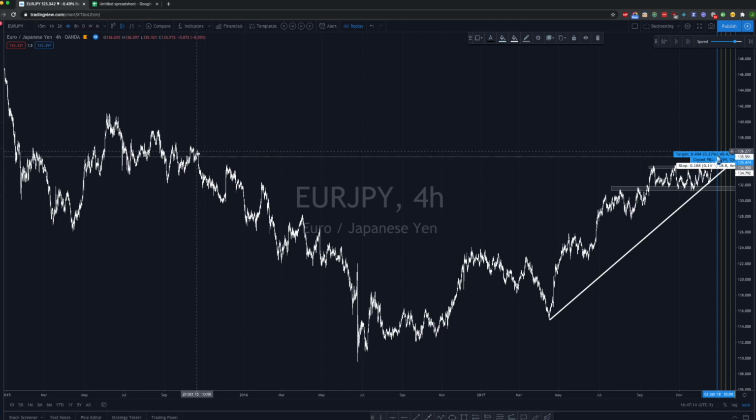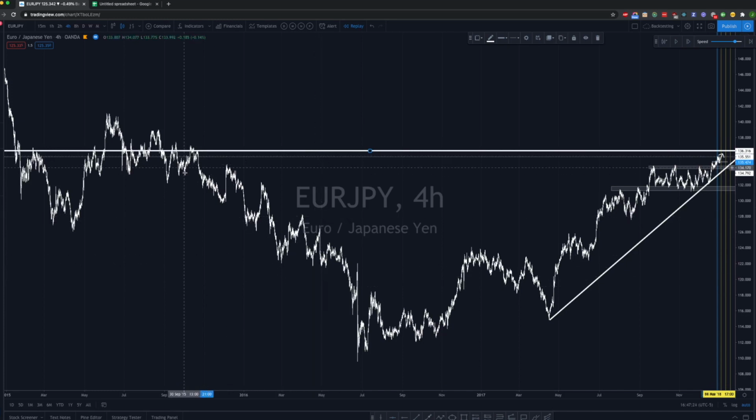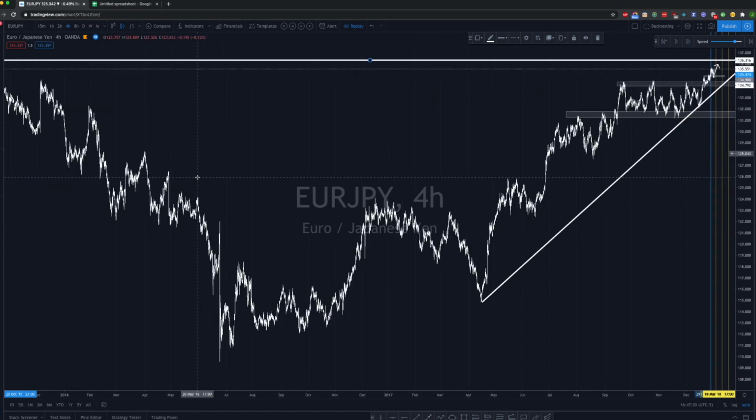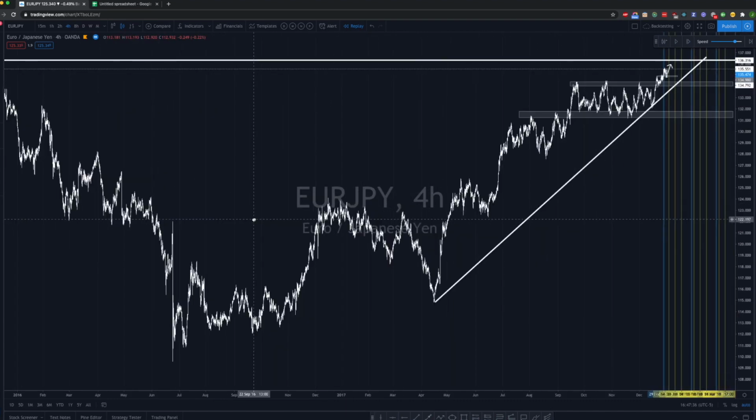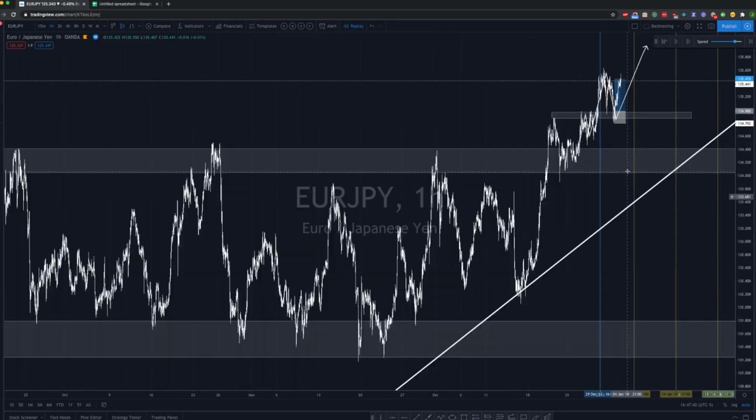So I'll probably identify that as my final take profit. Because I figure if price gets there, we might see some sort of major reaction, because you can see here, price tried to go above it, it couldn't, it dropped hard, then came back up, tested it, and then it sold off, right? So I'll probably target that as my final target.